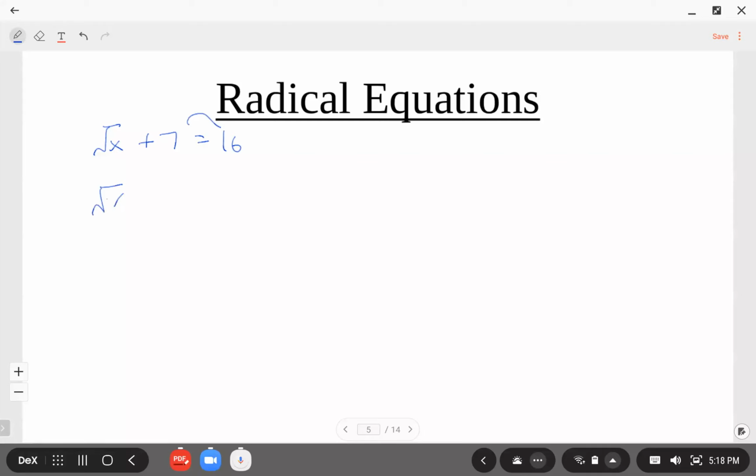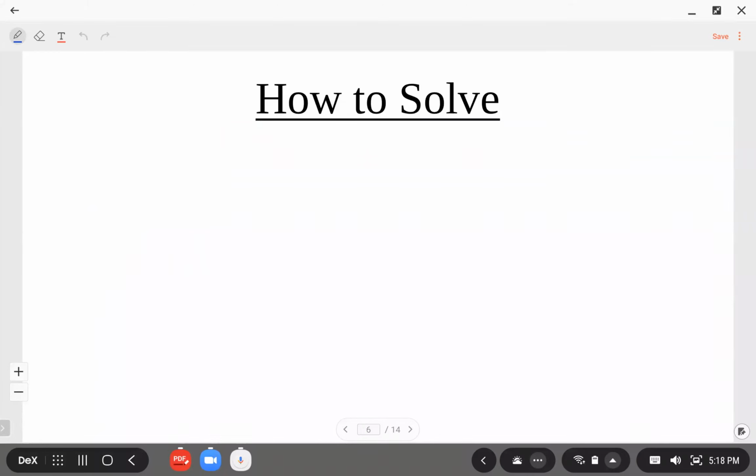The square root of x equals 9, right? And then how do you get rid of the square root? Square both sides. So x equals 81. Very easy. Let's go for another one.